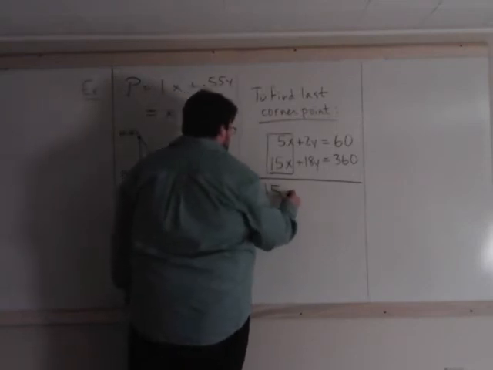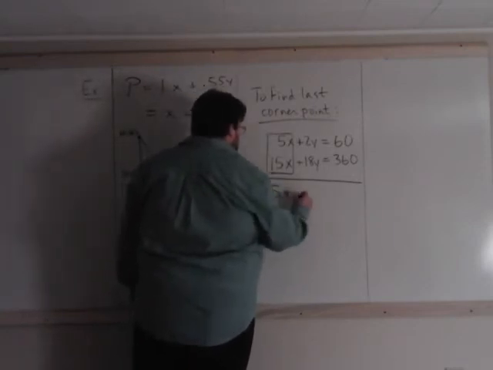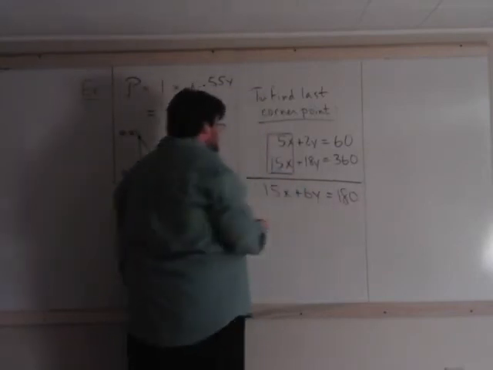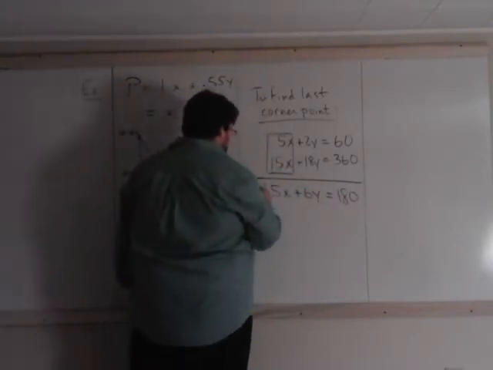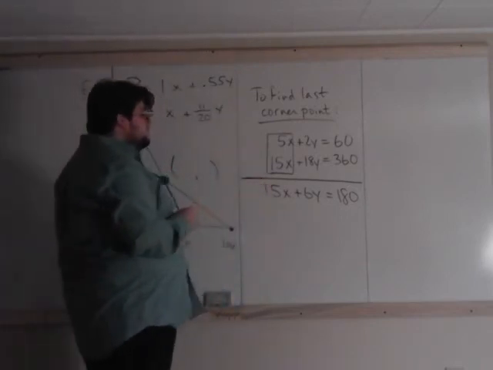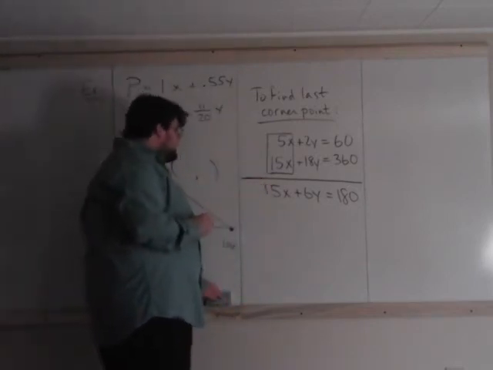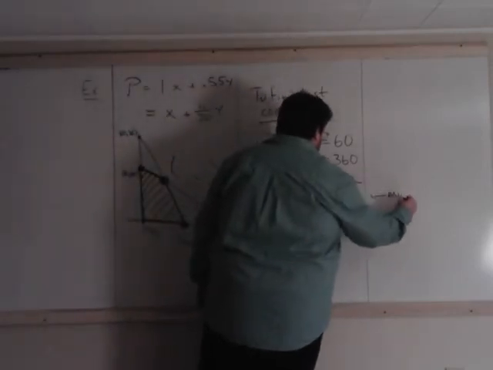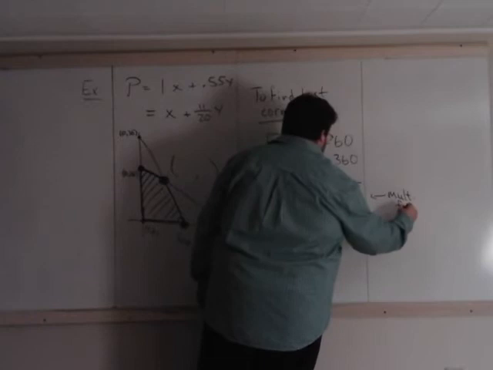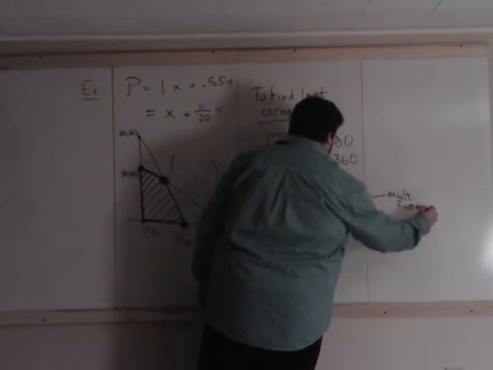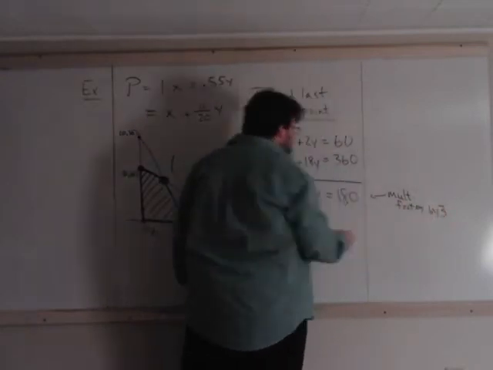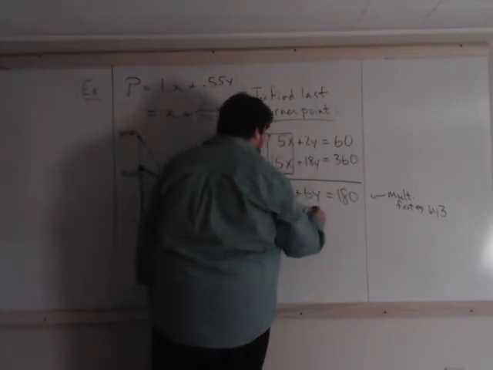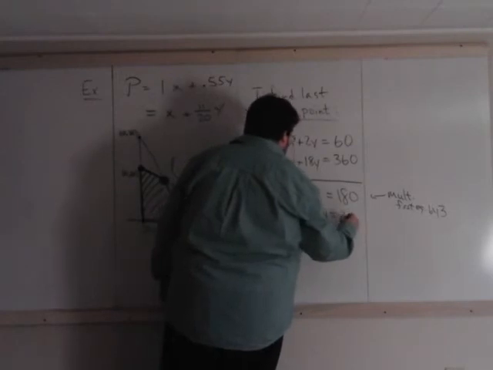Well, we get 15x plus 6y equals 180. That's from multiplying the first equation by 3. So maybe I'll write that over here. Multiply the first equation by 3 so that the coefficients on x were the same. We'll leave the second equation alone.